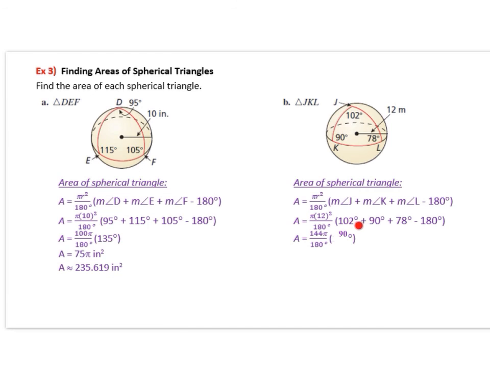Alright, the sum of the angles minus 180 degrees comes out to be 90 degrees. And 12 squared comes out to be 144. So 144 pi divided by 180 degrees times 90 degrees. And that will all simplify down to 72 pi. And then the approximate value would be 226.195 meters squared.